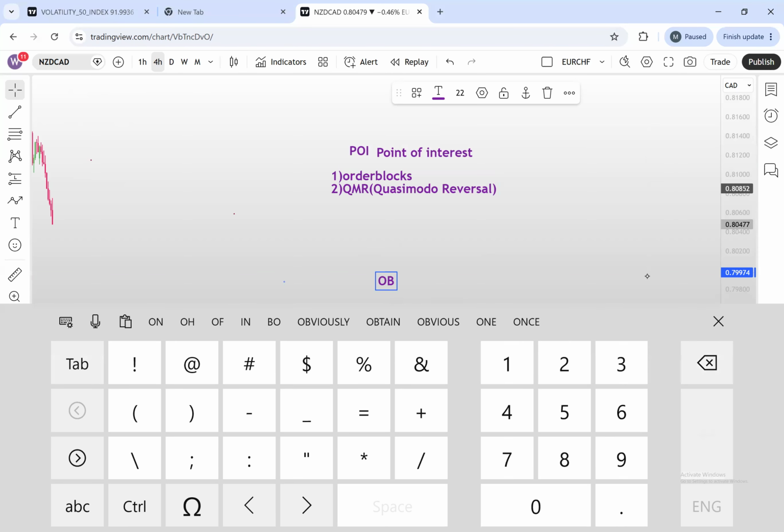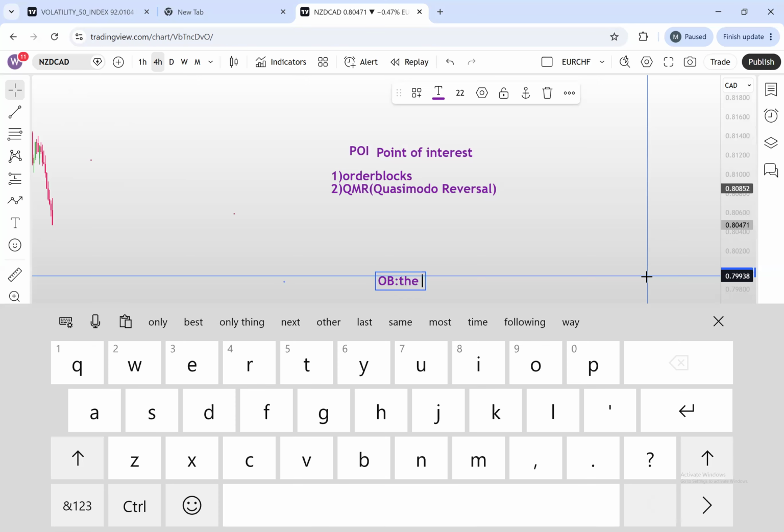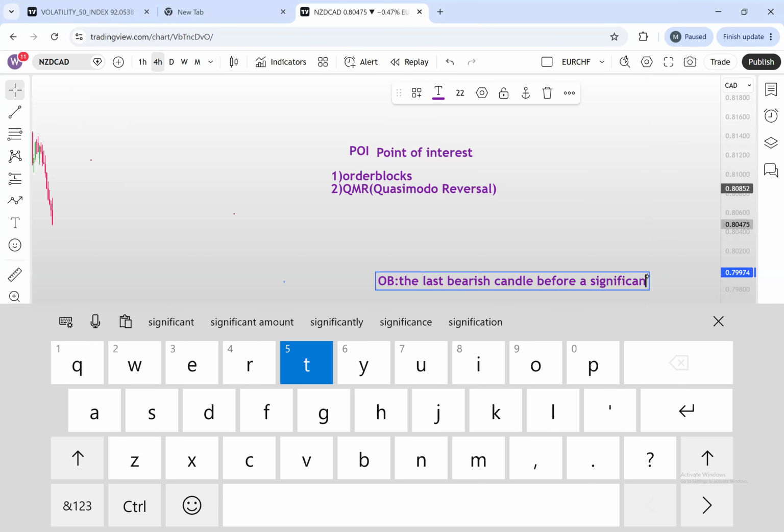The bullish order block refers to the last bearish candle before a significant bullish move.